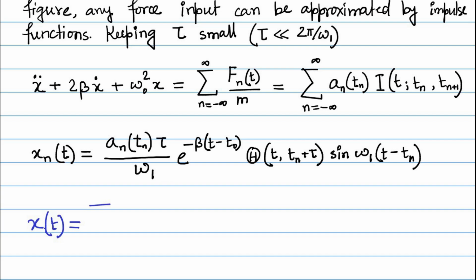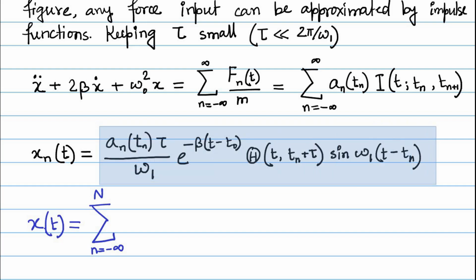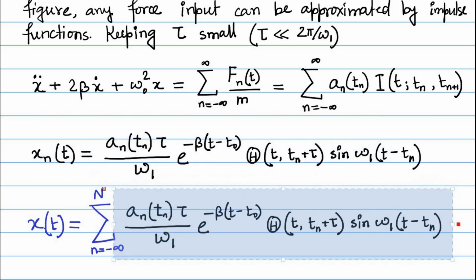So you have the sum from n equals negative infinity to some capital N. Then you have this exact quantity. Well, I can just copy it, right? So let me just borrow this expression I've just written from here to here. I can also change the color like that.